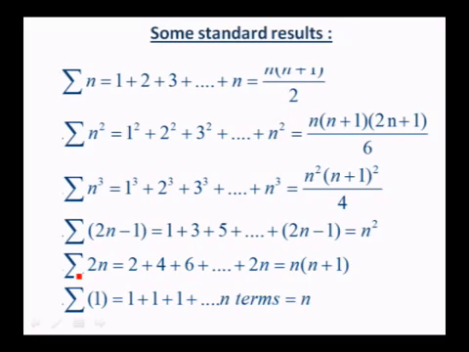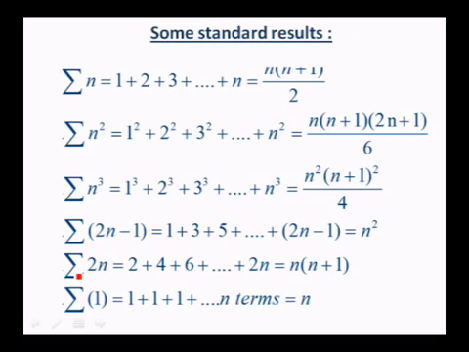We use some standard results which you know already right from high school. Sigma n, 1 plus 2 plus 3 etc. plus n, is n into n plus 1 by 2. Sigma n square, 1 square plus 2 square plus 3 square etc. plus n square, is n into n plus 1 into 2n plus 1 by 6. Sigma n cube, 1 cube plus 2 cube etc. plus n cube, is n square into n plus 1 whole square by 4.